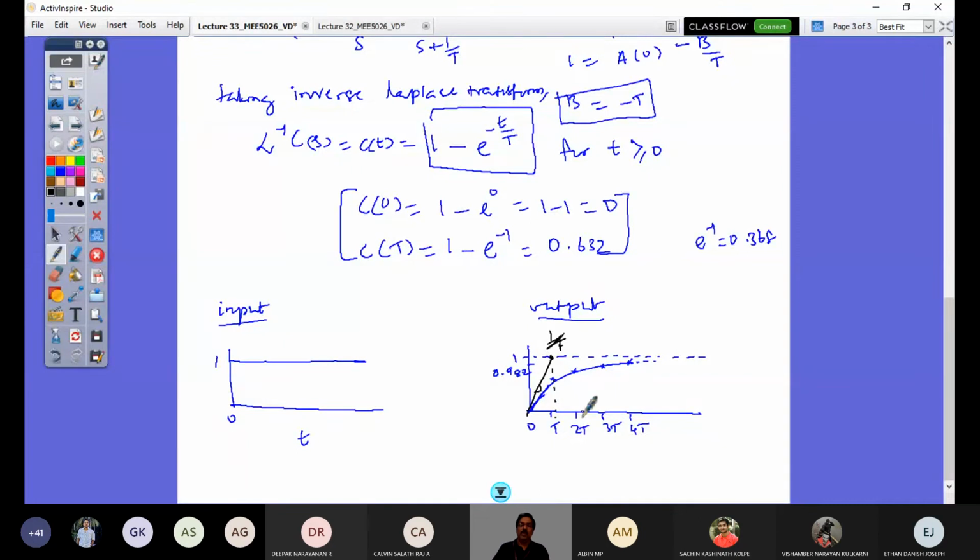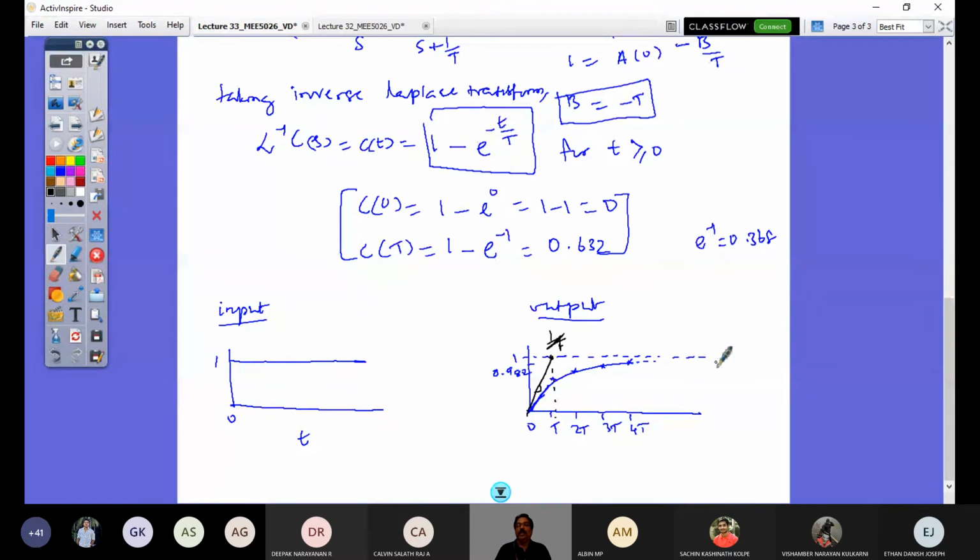So how quickly it reaches depends upon the value of T. The smaller the value of T, the quicker the response reaches its final state. So the slope of the response curve decreases monotonically from 1 by T to 0 as t tends to infinity.